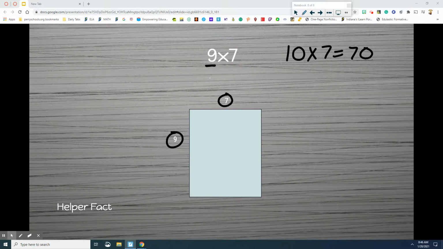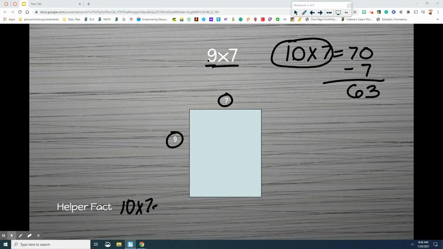And when I look at it, I have 10 groups of 7, but really my problem was 9 groups of 7. So I need to go from 10 groups to 9 groups, so I'm going to subtract a group of 7. 70 minus 7 is 63. The fact that I used to help me to solve 9 times 7 is my 10 times 7. This is my helper fact. 10 times 7 equals 70.